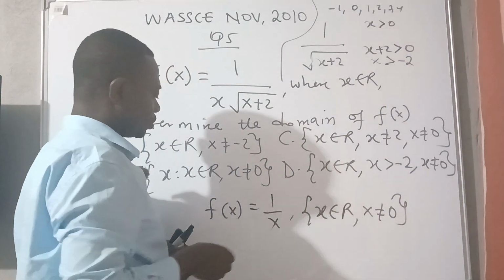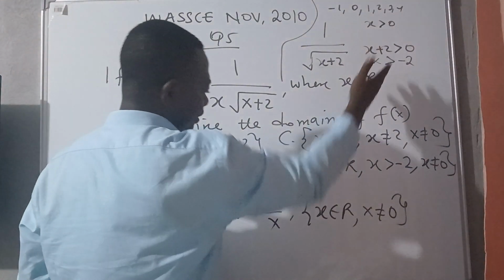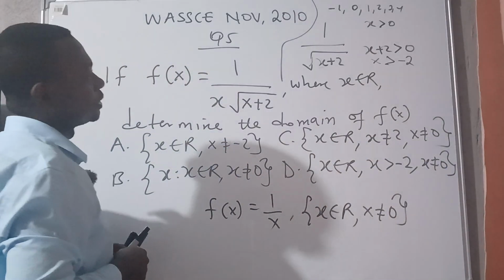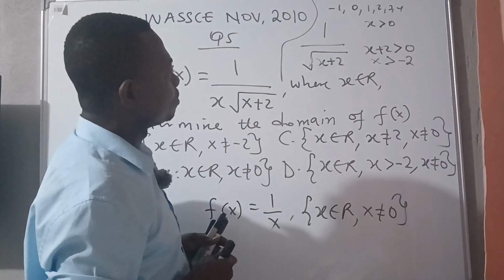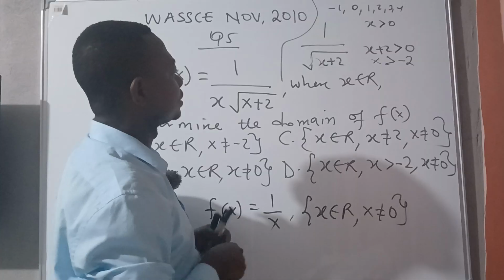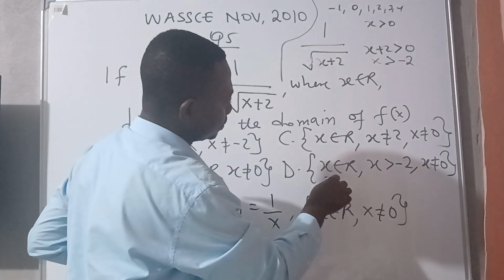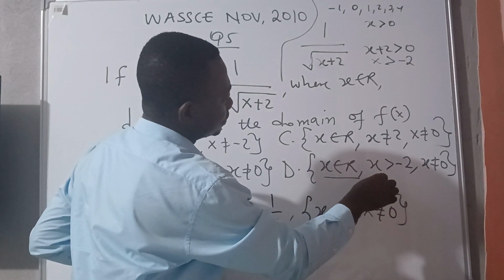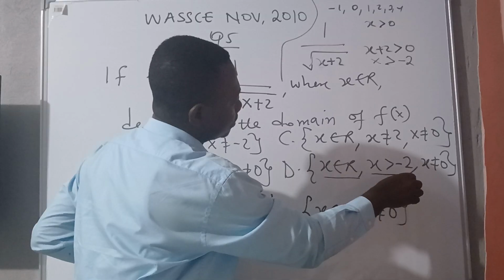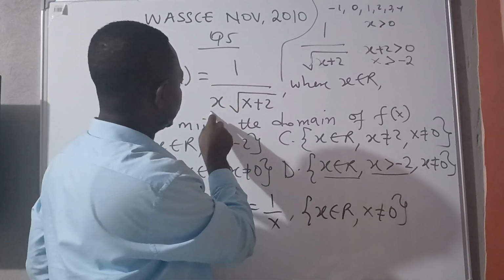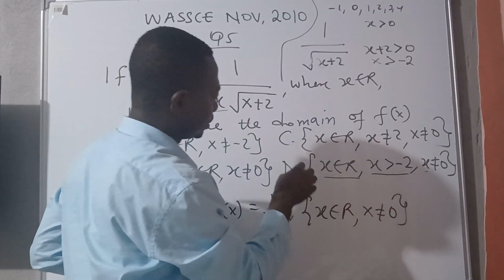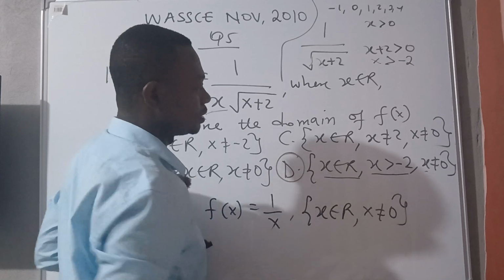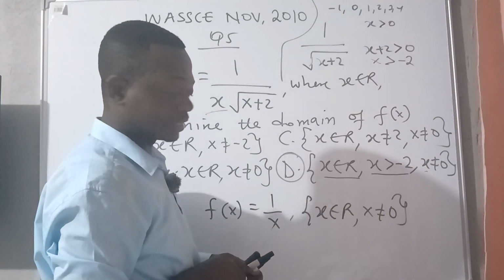Okay, so combining this and that, we can therefore state that the domain of this is x belongs to all real numbers, x is greater than minus 2, and also x can never be 0. So the right answer is D. Okay, that's the right answer.